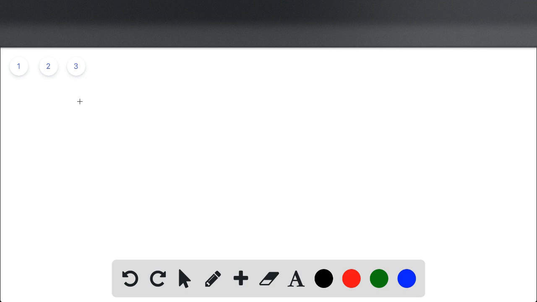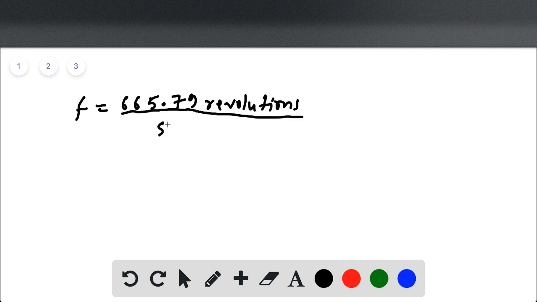So first, f equals 665.79 revolutions per second, and 1 minute is going to be 60 seconds.